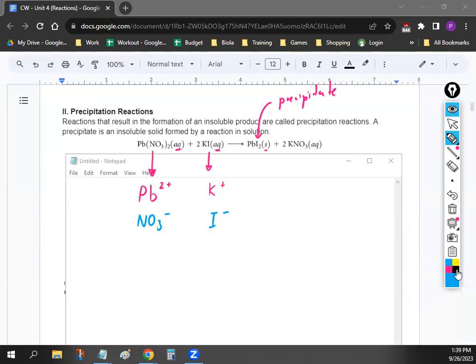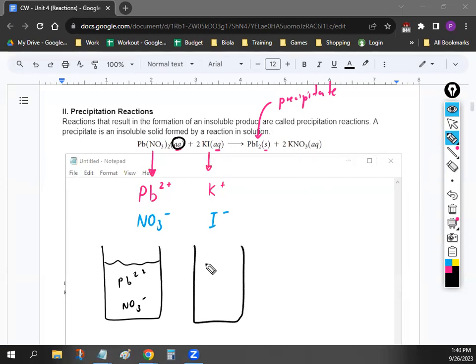So basically on the left side, you have a solution that contains Pb2 plus and NO3 minus, and they're floating around because these are aqueous, they dissolve in water. And then you have this solution right here, that's K plus and I minus. Now, if you take a look at them both separately, the ions are dissolved in water and they're separated.